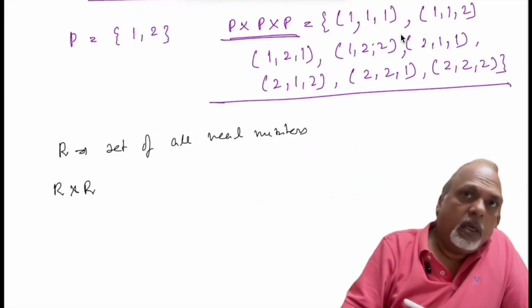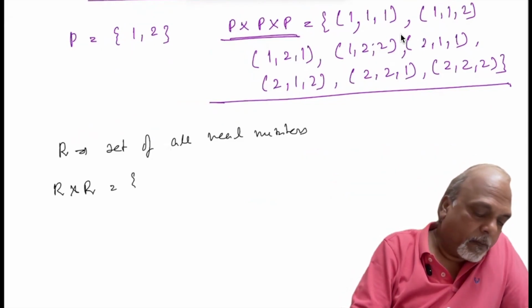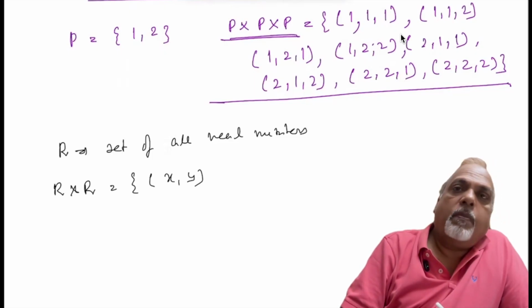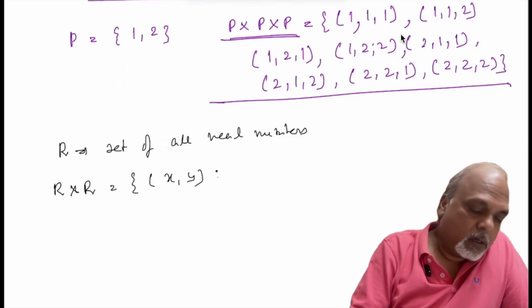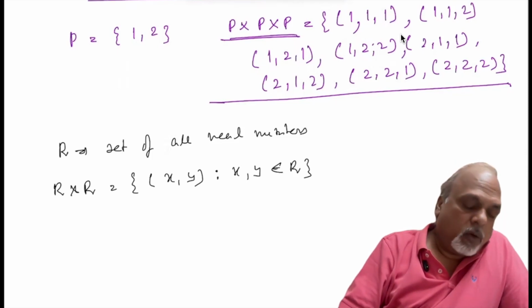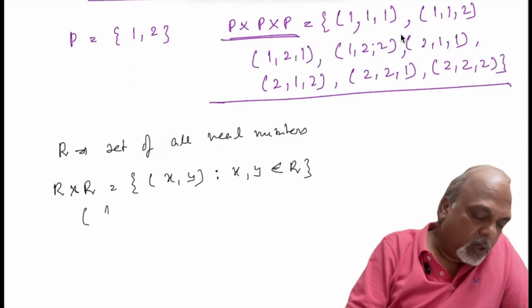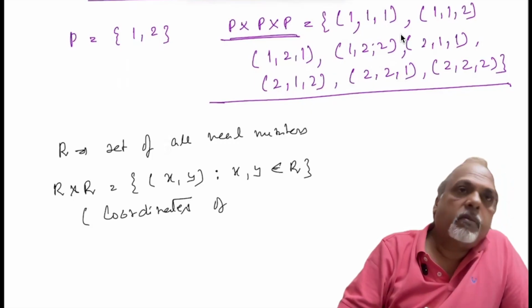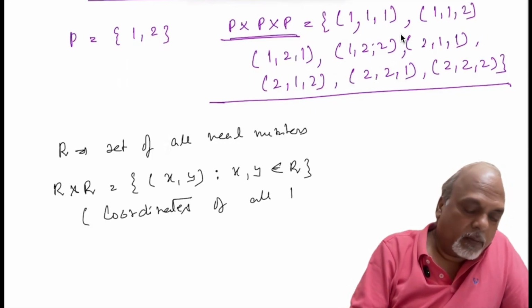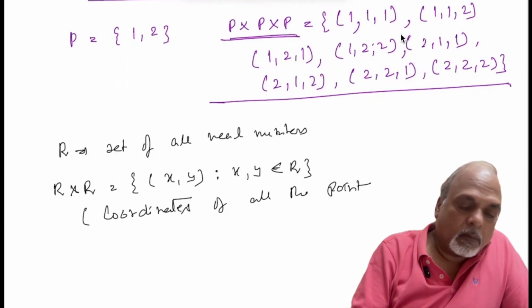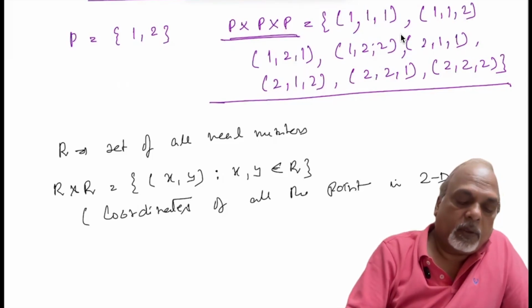R cross R, basically we can write it as the ordered pairs of x and y, and x and y both belong to R. Means what is this? Basically this is the coordinates of all the points in two-dimensional space.